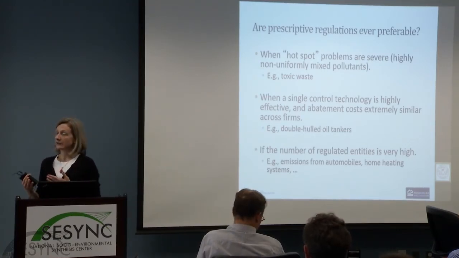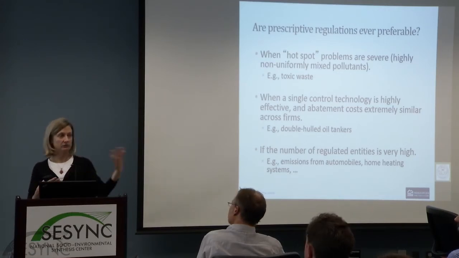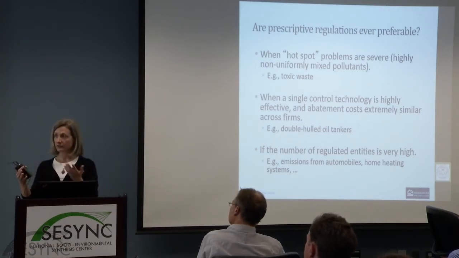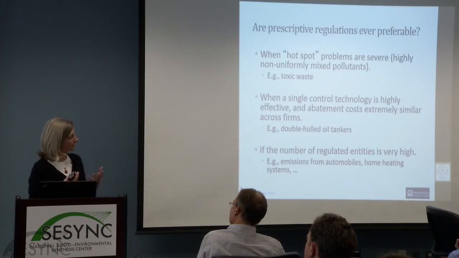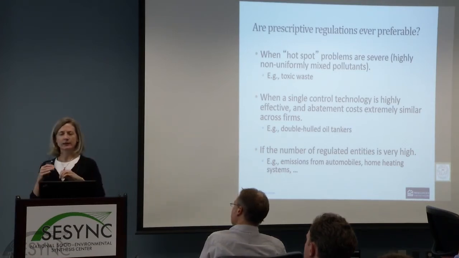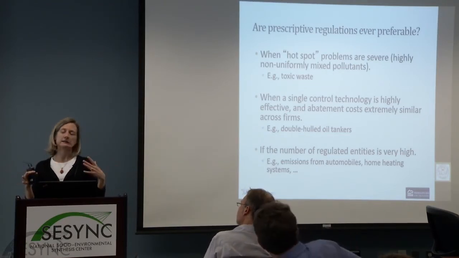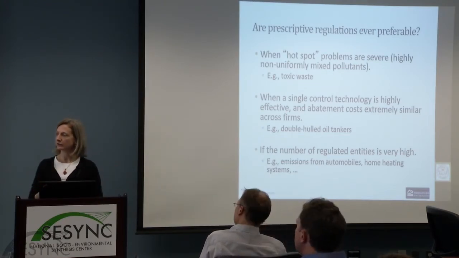Maybe, if those technologies combine in a way in which it's cost effective to regulate emissions in some very diffuse way through a tax or something like that, well, then maybe it would make sense. But in general, the more diffuse the pollution problem, the greater the number of regulated entities, the less likely it is that you would want to go with the market-based approach.